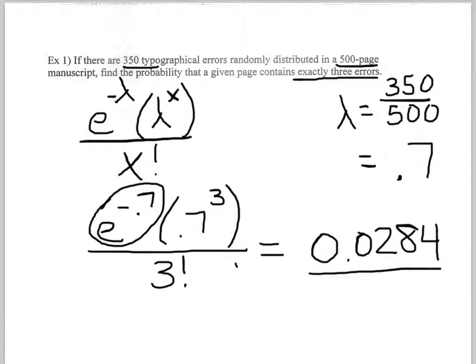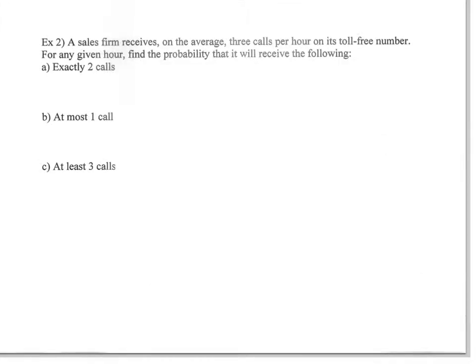Let's try out one more example. Let's look at our second example here. In this case, we don't really have to do any work to get gamma because they tell us right away that on average we're talking about 3 phone calls per hour. So they're giving us that gamma is equal to 3. Well, they're asking us what's the probability that x equals 2, that we get exactly 2 phone calls. We're going to go ahead and use our formula.